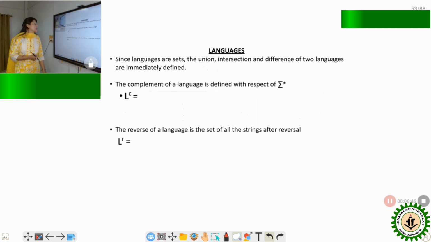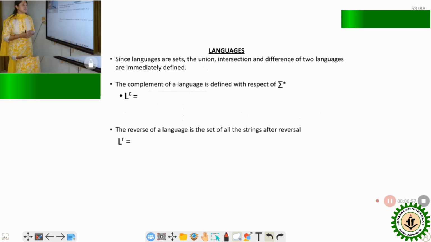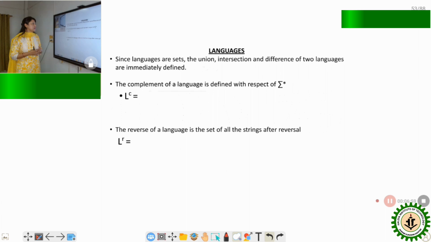Now, languages are sets. Since languages are sets, there are operations on these languages: union, intersection, difference. We know about union, intersection, and difference. But what is the complement of a language?